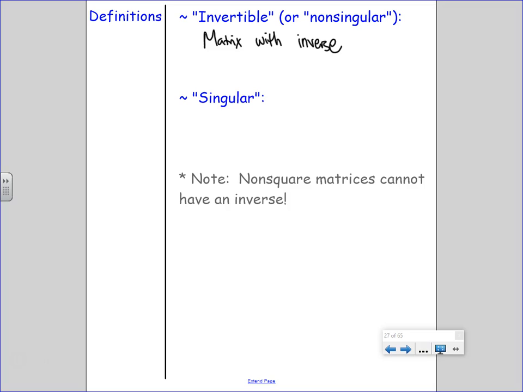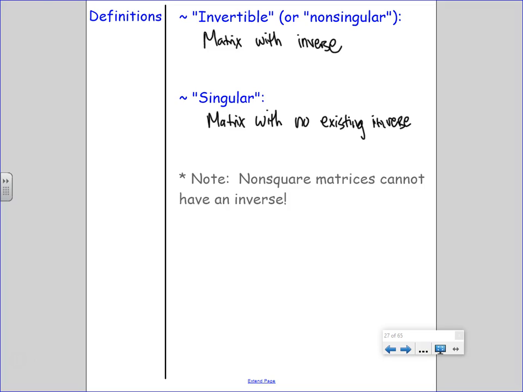Invertible describes a matrix that has an inverse, as opposed to singular. We'll come back to non-singular in a second. As opposed to singular, which describes a matrix that is not invertible. Another way of saying it has no existing inverse. Its inverse does not exist.